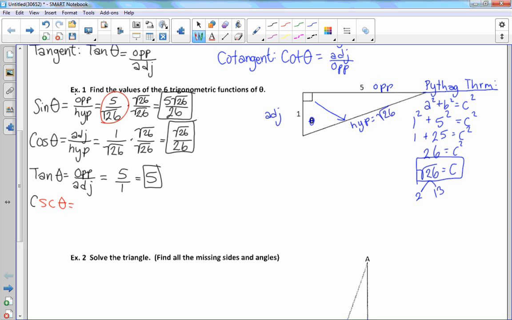Cosecant theta, I do the reciprocal of 5 over root 26, I just get root 26 over 5, and I don't have to rationalize it because the denominator is just an integer. Secant theta. Go back to the original, not the one I rationalized. Okay, Sean, what would the reciprocal of 1 over root 26 be? Yeah, root 26 over 1, which is just root 26.